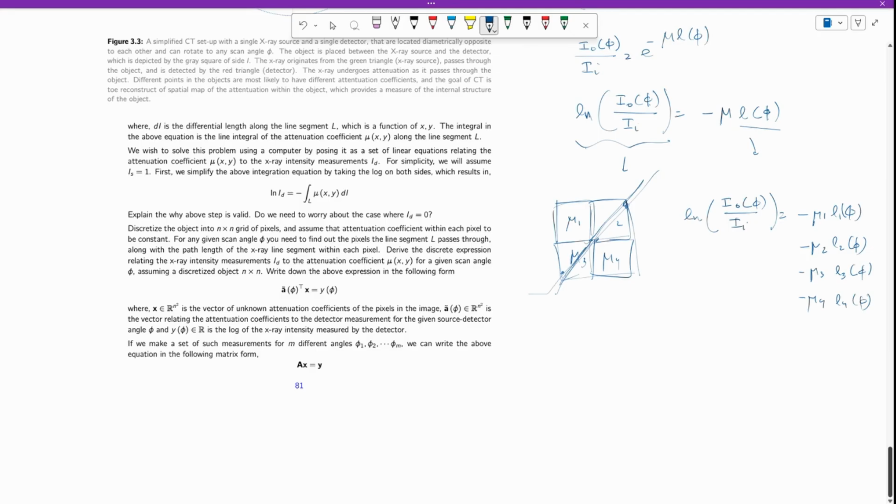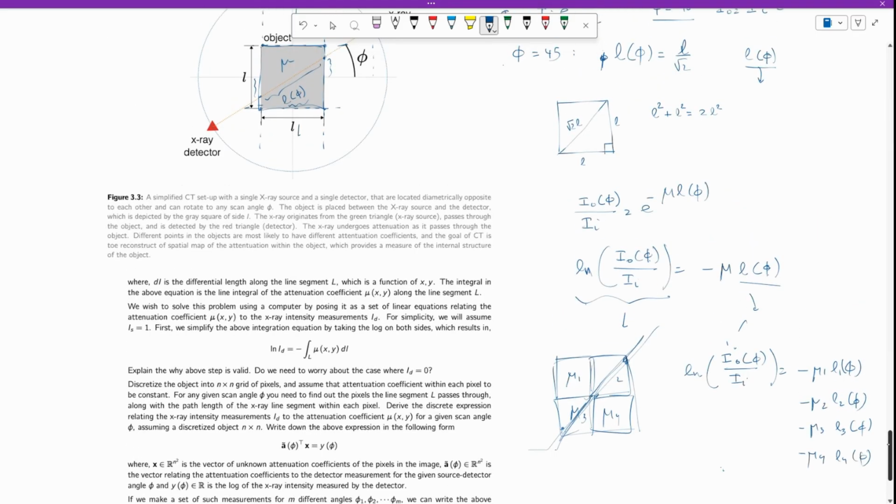You're given the absorption coefficient, and you simply have to find out if I have my X-ray and I change phi, what will be the relationship between the output I naught and phi? That was the question. Your problem was the forward problem, where you know what the material is. You want to know if I give so much X-ray at different directions, what is the output intensity of the X-ray that I will get? Okay, so that's how you do 6.